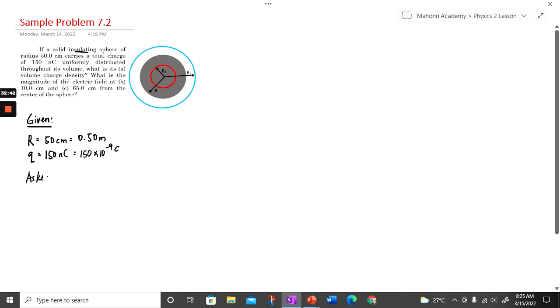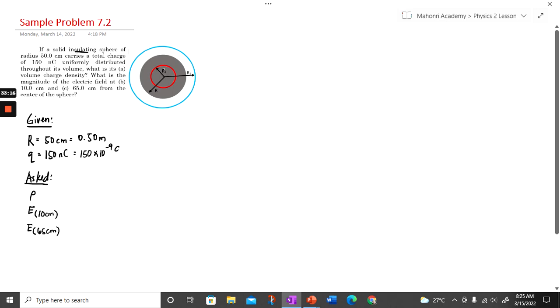Then let's write what is being asked. First, what is rho, the volume charge density, and then what is the magnitude of the electric field, E, at 10 centimeters, and what is E at 65 centimeters.